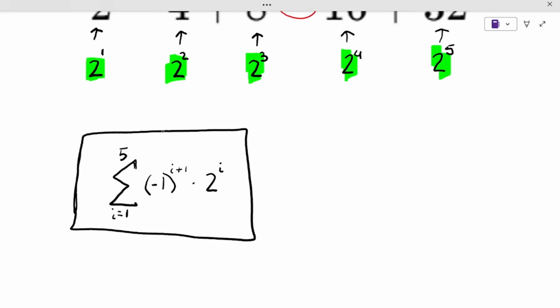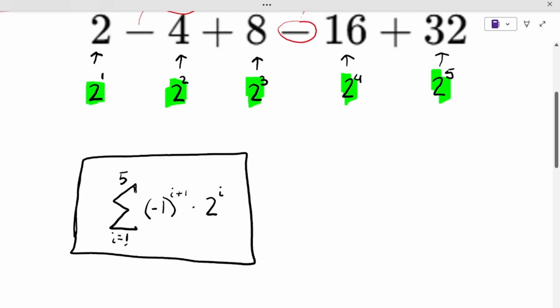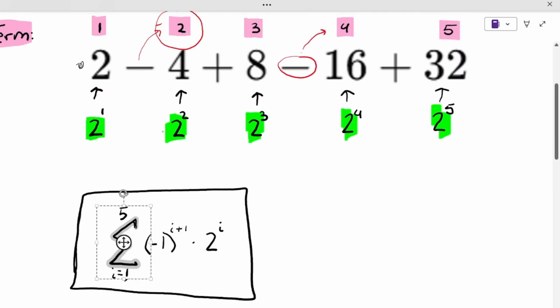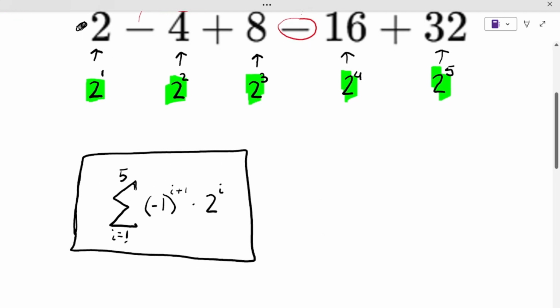And this checks out because, let's just start at 1. With I equaling 1, if we substitute 1 each time we see I, we should get this positive 2 up here, right? So let's go ahead and do that. I equals 1.